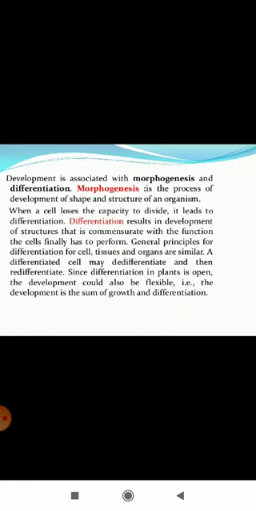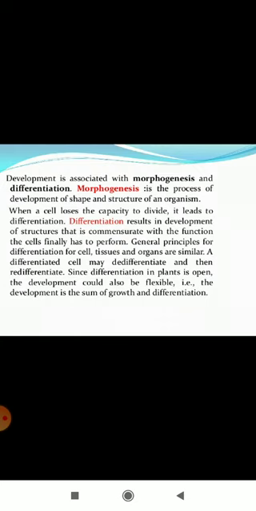So redifferentiation means when the dedifferentiated cells divide and then they again mature and attain a particular function, that is known as redifferentiation. So these three processes, differentiation, dedifferentiation and redifferentiation, these three constitutively make up the development. So since the differentiation in plants is open, the development could also be flexible.